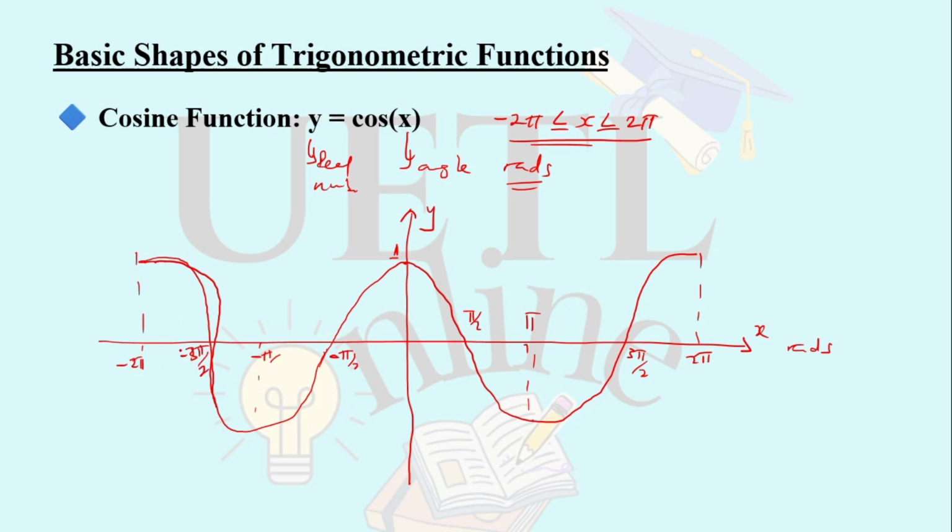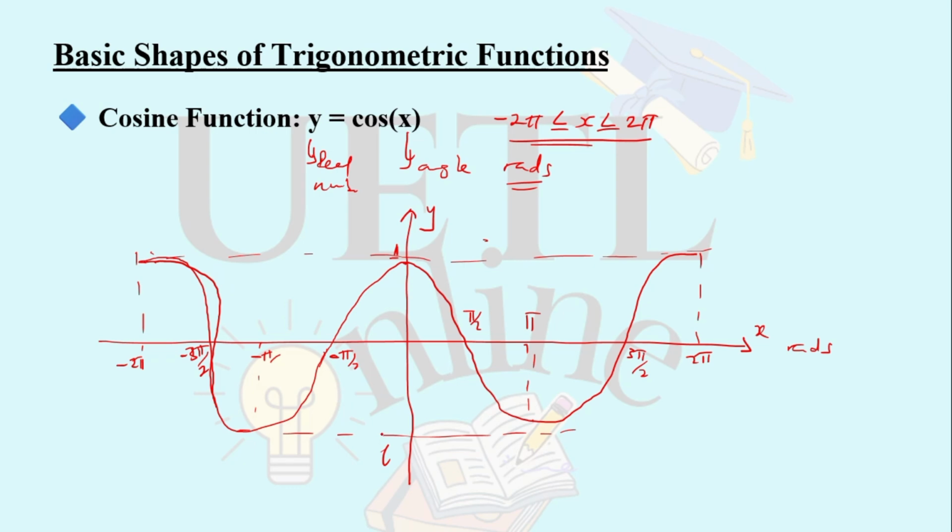So you've successfully drawn the graph of cosine. The only difference is it starts at 1. The sine graph started at 0, but here it started at 1. This one is 1 also, and this one is 1 also.